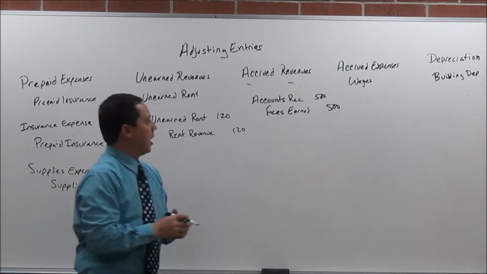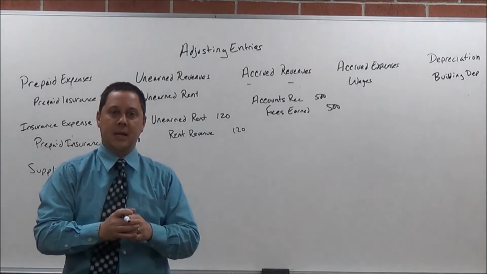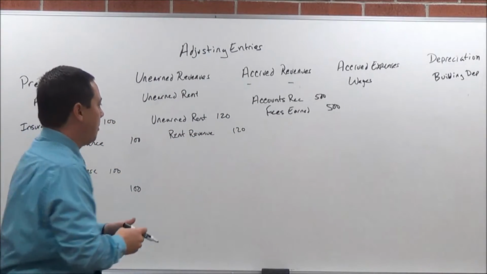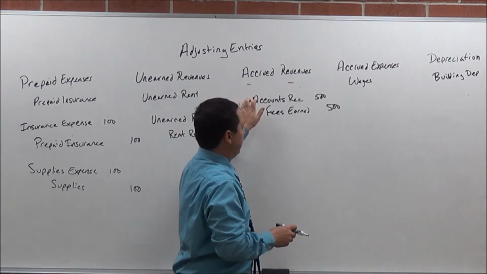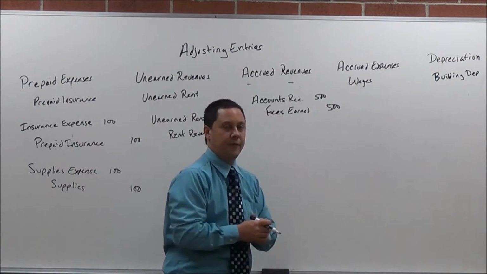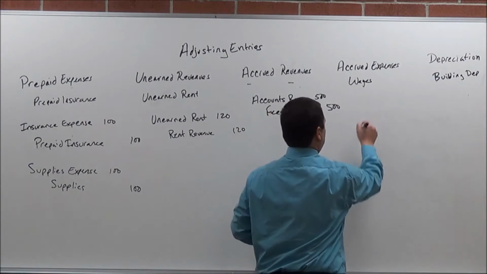So as you can see here, what we're doing is I've added to an asset, and then also added to my revenue side here. So I have a debit of accounts receivable for $500, and then a credit for fees earned for $500.